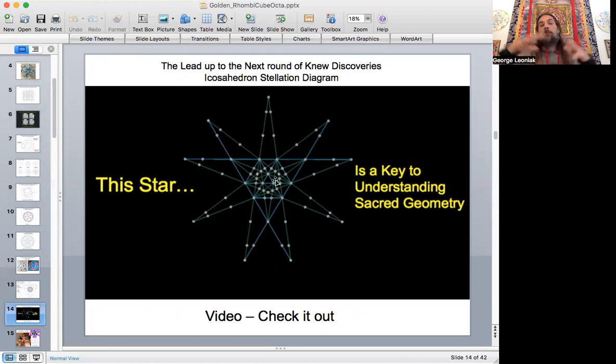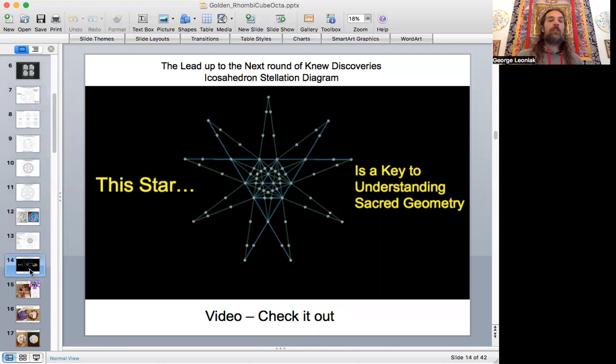But from this, I could build a bunch of forms, starting with the octahedrons, cubes, from this flat plane, I can grow them out. And in this video, I do a 3-dimensional zone tool software that allows me to rotate the forms around so you could see the forms coming off of this icosahedron stellation diagram. So very cool video to check out.